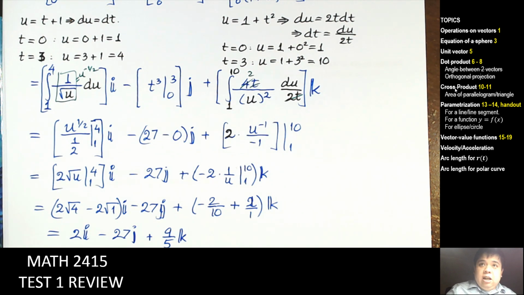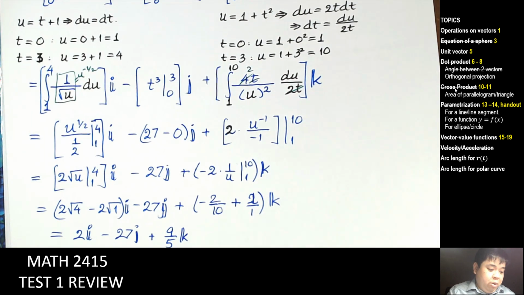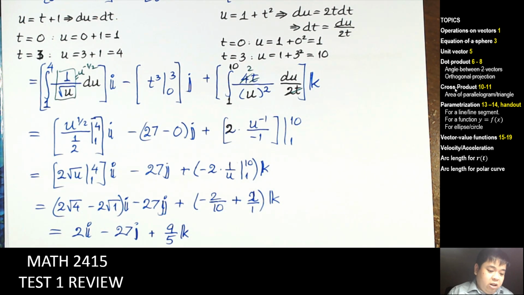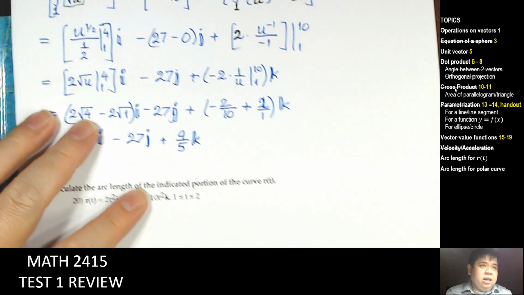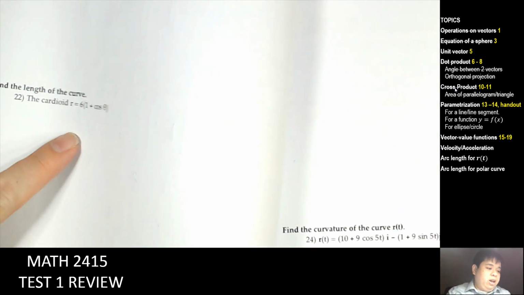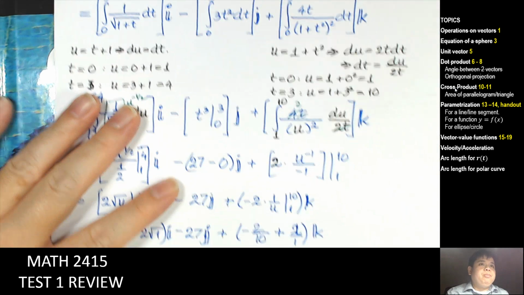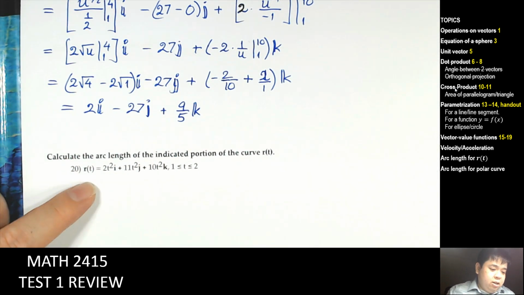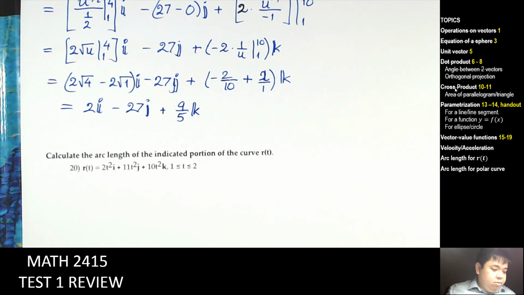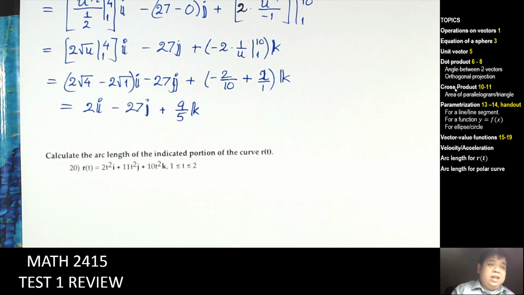Next, the last topic is the arc length, so the length of a curve. We have two forms. First, it is in the form of r of t, and the second part is the length of a polar curve. First, the length of a vector valued function from 1 to 2 in this case.